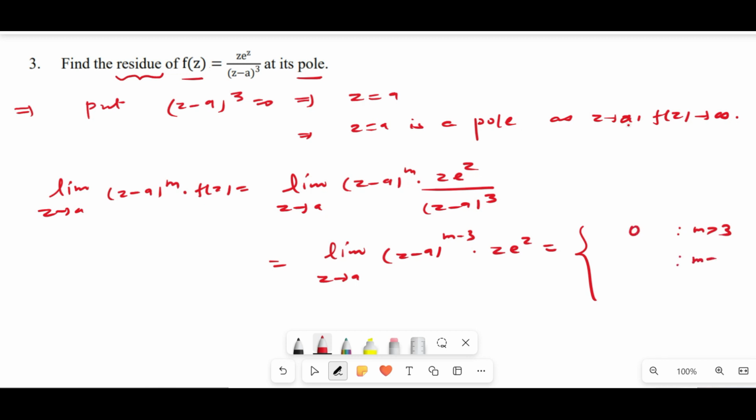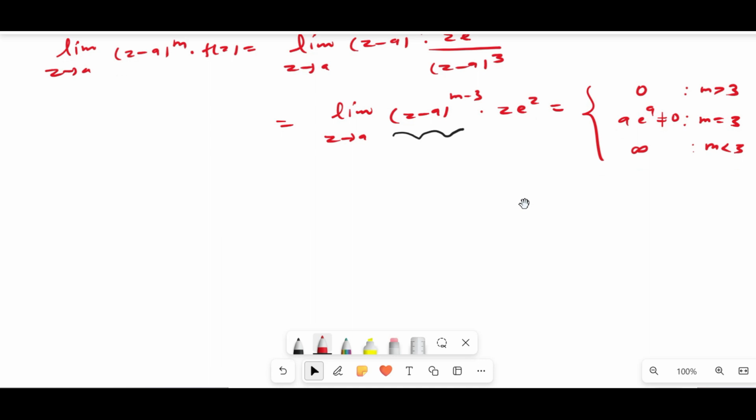If I take m is equal to 3, this factor vanishes, so we can write here a e to the power of a, which is a non-zero quantity. And if I take m less than 3, the limit will be infinity.